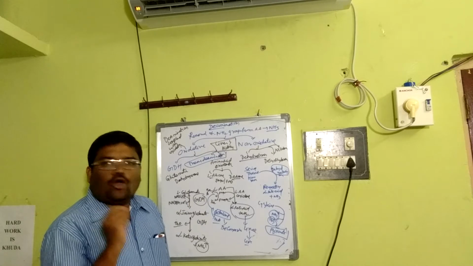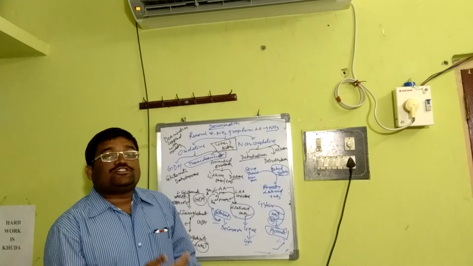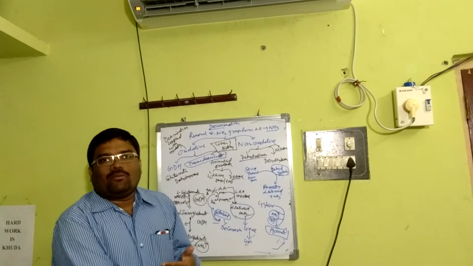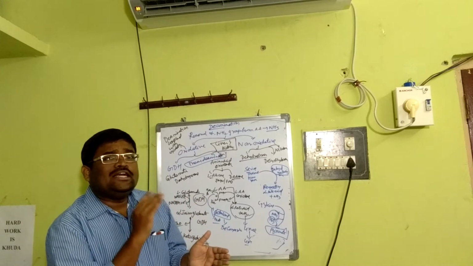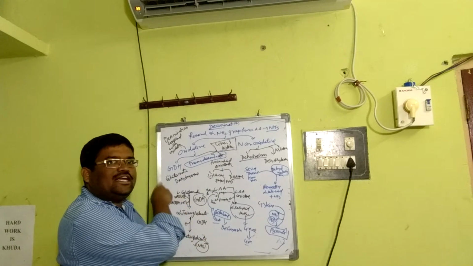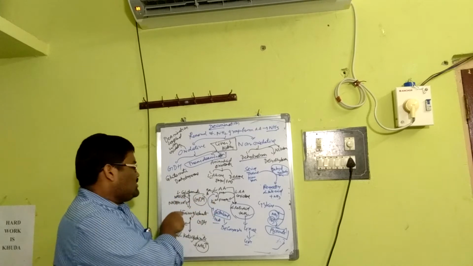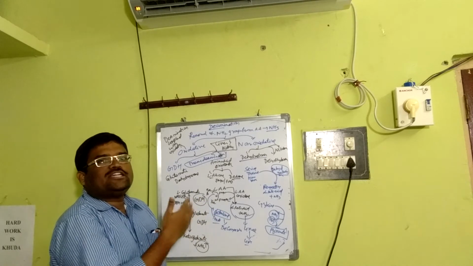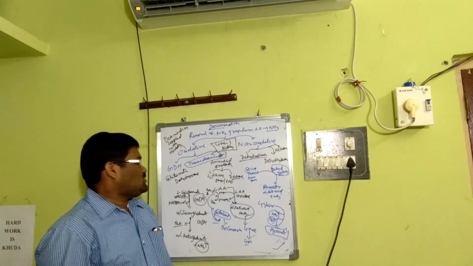The unique property of this enzyme is that it may use both NAD plus and NADP plus for generation of the reducing components, NADH plus H plus and NADPH plus H plus, because it is an oxidation reaction.